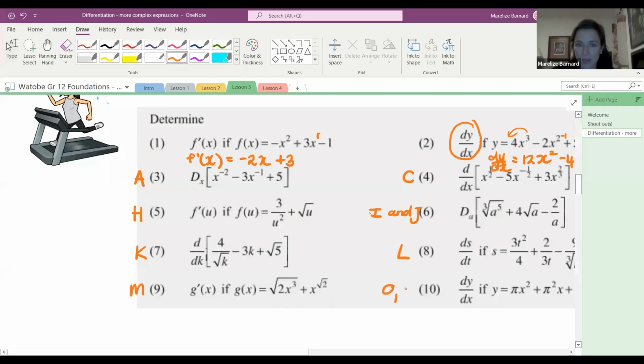So O and P. And then let's see the R's. R's can go with L, I think. Question 8. R and L for question 8. And then the S's can all go with 7 as well. S and K. And then T. Let's put the T's with the M's. Question 9. Okay, so off you go.